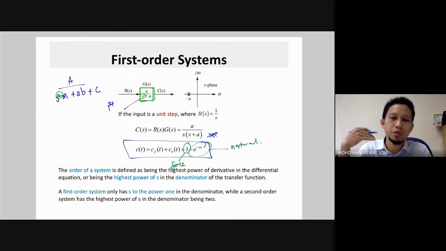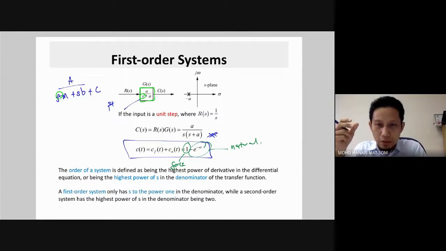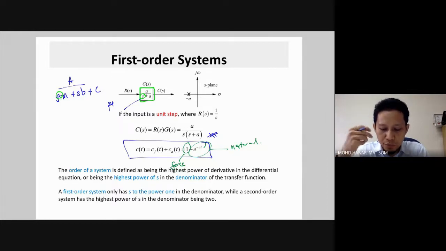The forced response is due to the input being given to the system. And the natural response is actually the response of the system itself, a over s plus a. This is the response of the system itself. Any question?